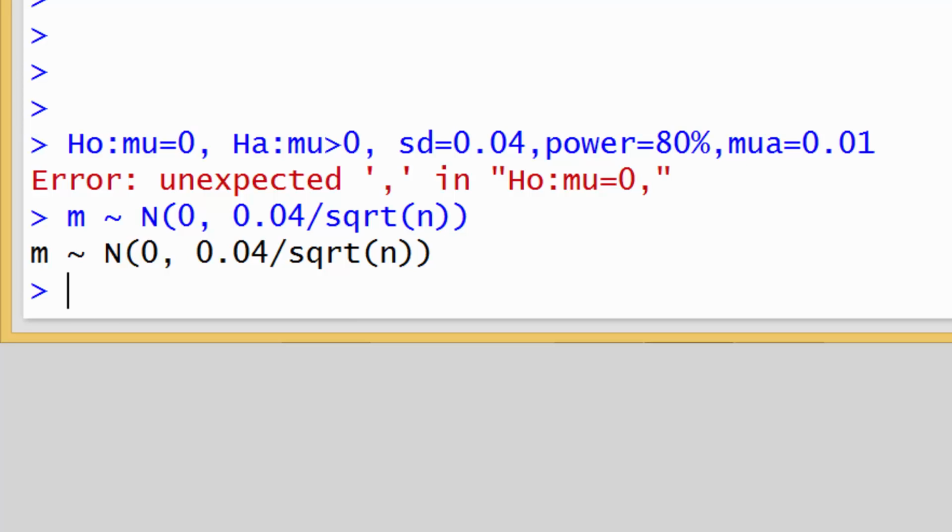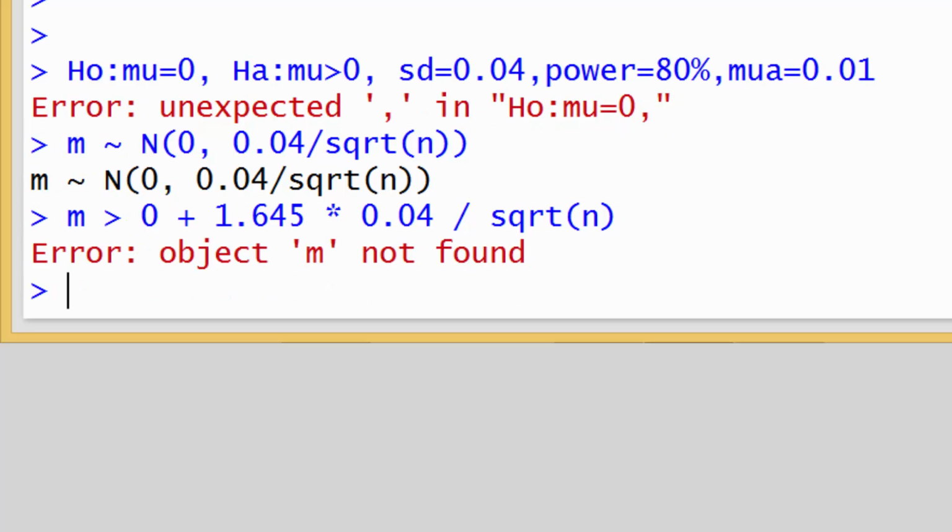And so when are we going to reject? We're going to reject if m is out in the tail of that distribution, in the 5% tail. So we're going to reject if m is greater than 0 plus qnorm, the 95th percentile, which is 1.645, times 0.04 divided by square root n, the standard error.